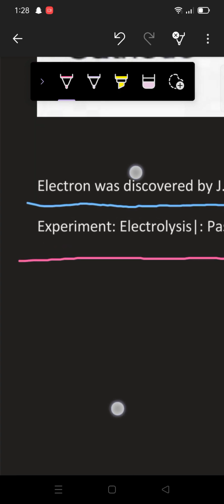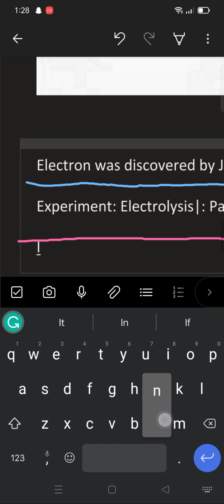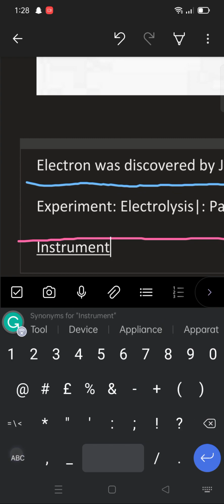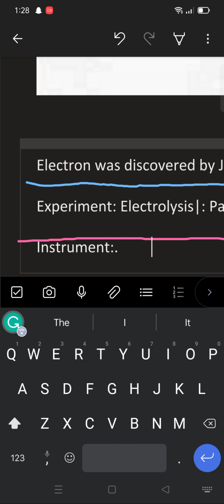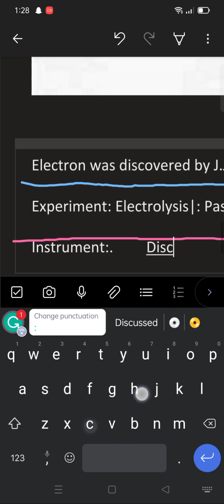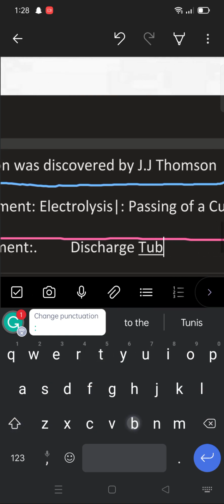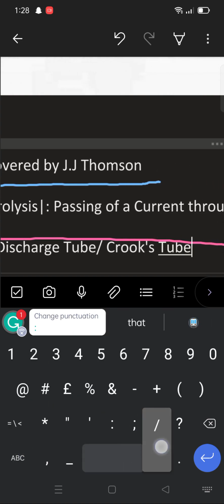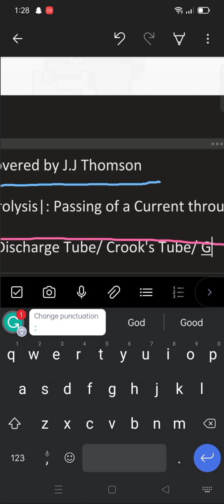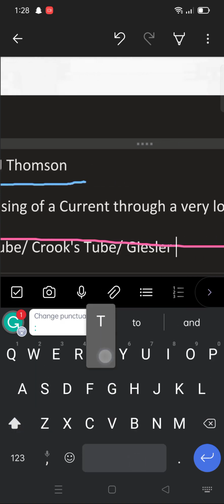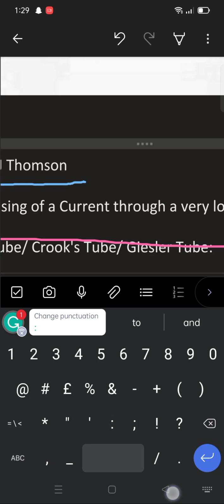He used the discharge tube, or it is also known as Crookes tube, or we can say it is Gasler tube, because it has alternative names, right?